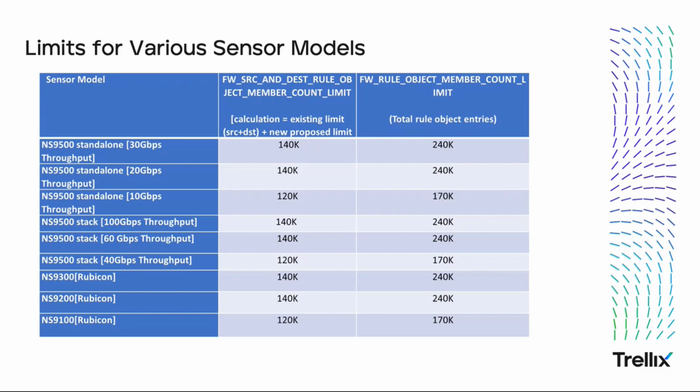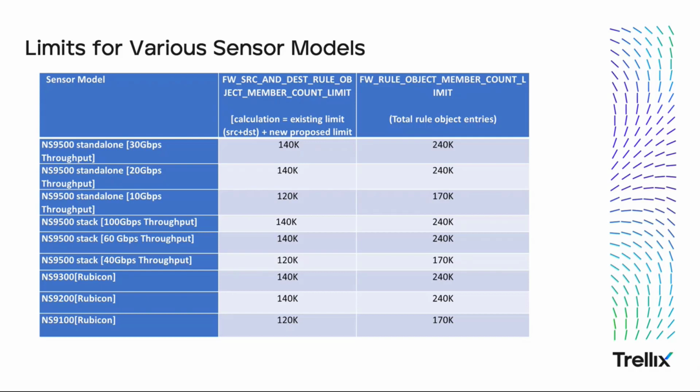But that has been increased by 100K and becomes 140K now. This is the cumulative limit of source plus destination address fields, and hence the cumulative count of all the fields in the firewall policy goes up from 140K to 240K. This example can be seen in the first row of the table.